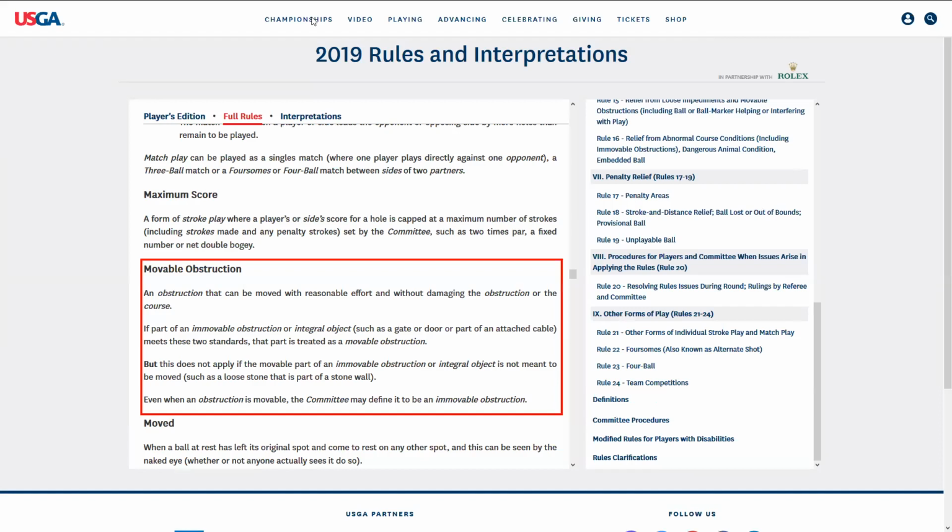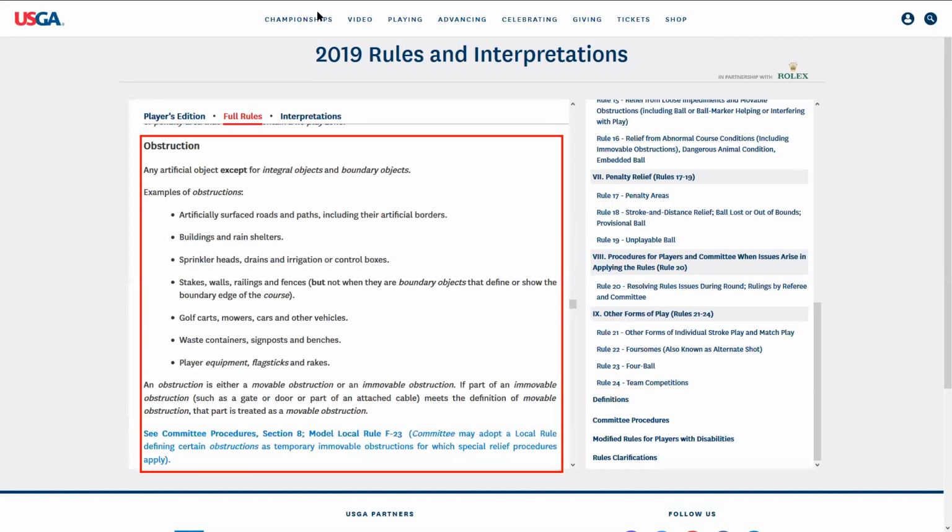Any artificial object except for integral objects and boundary objects. This again is a change in definition, but it is not going to be a change in outcome if you're a rules official. The old definition of obstruction had three exceptions. It had integral objects, boundary objects, and it also had what? Objects that were off the course.